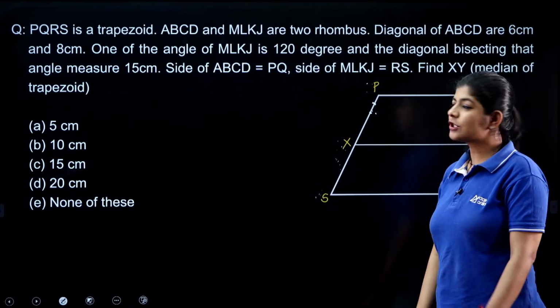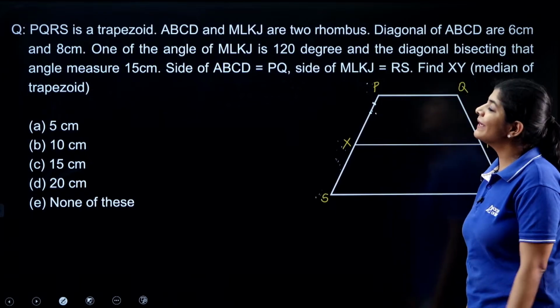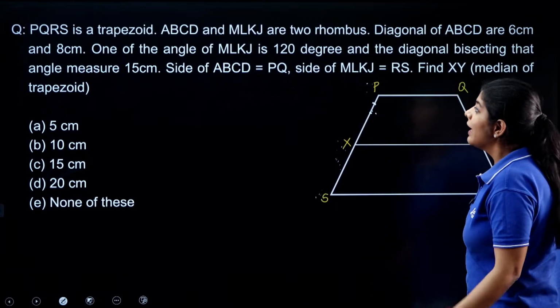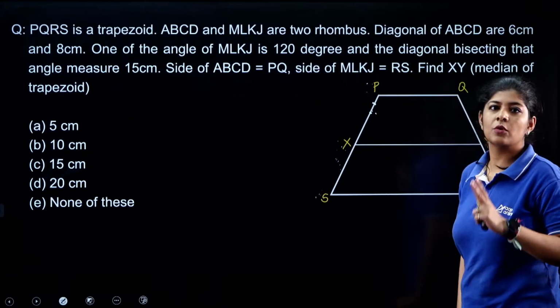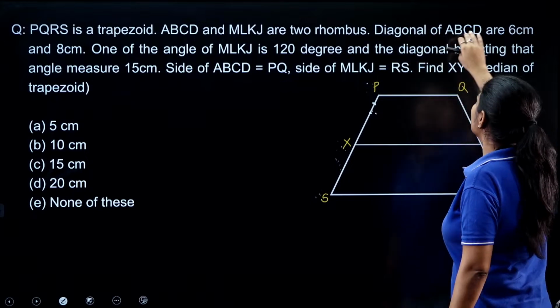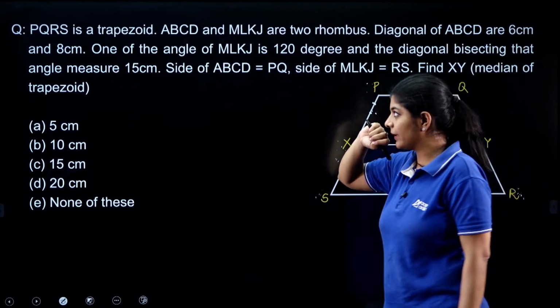The question is saying that this PQRS is a trapezoid, and ABCD, which you need to draw, and MLKJ, again which you need to draw, are two rhombus. Diagonals of ABCD are 6 centimeter and 8 centimeter.